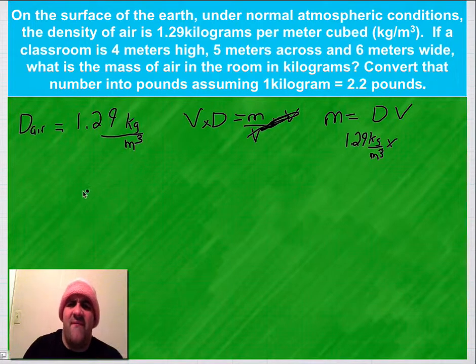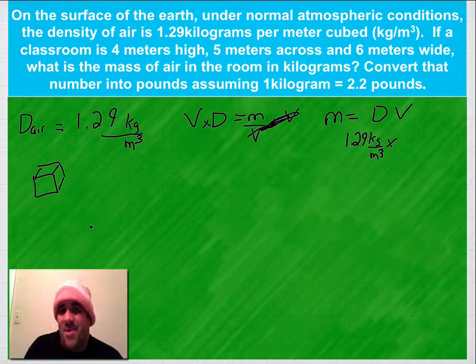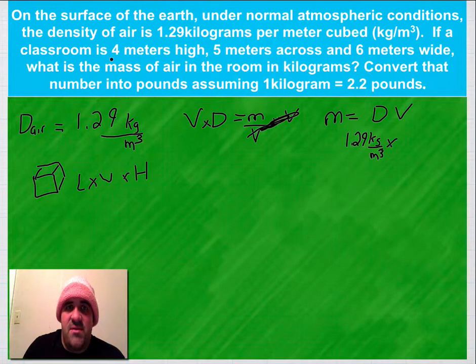So how do I figure out the volume of this room? Well, you might know that the volume of a cube is going to be length times width times height. Also, if you have a room that is not perfectly cubed, but it's more of a rectangular prism, you do the same thing, length times width times height. So the room has dimensions of 4 meters high by 5 meters across and 6 meters wide.